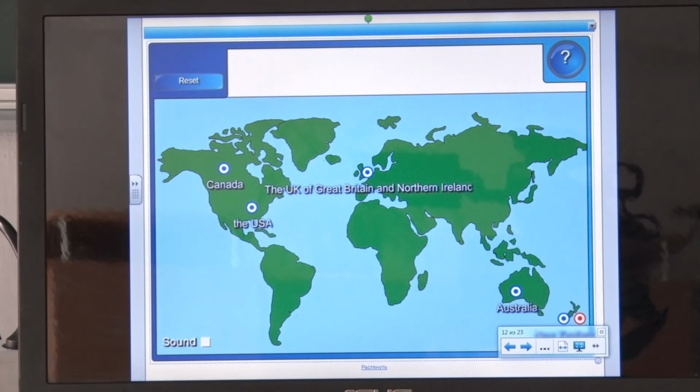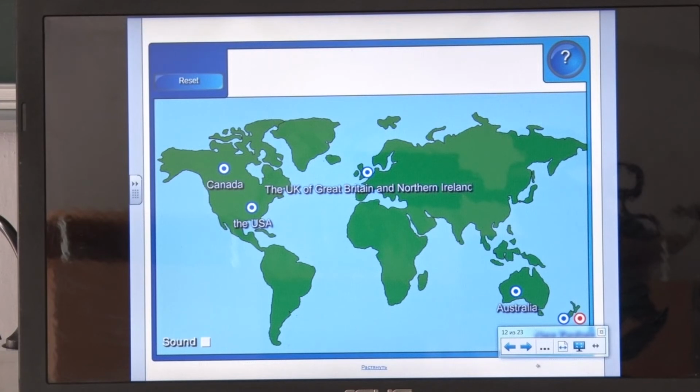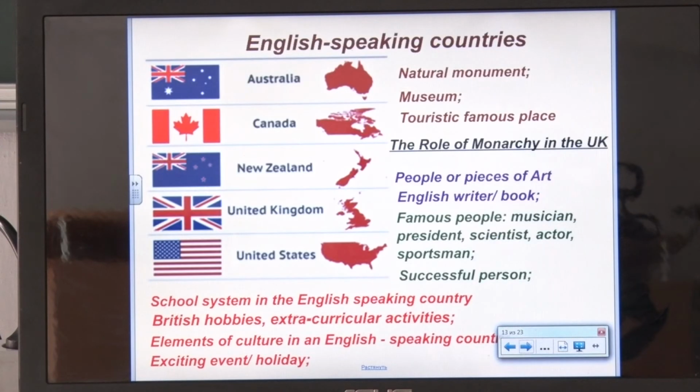These are the 5 top list of English-speaking countries. In this slide you can see the maps of these countries and you can see the flags.